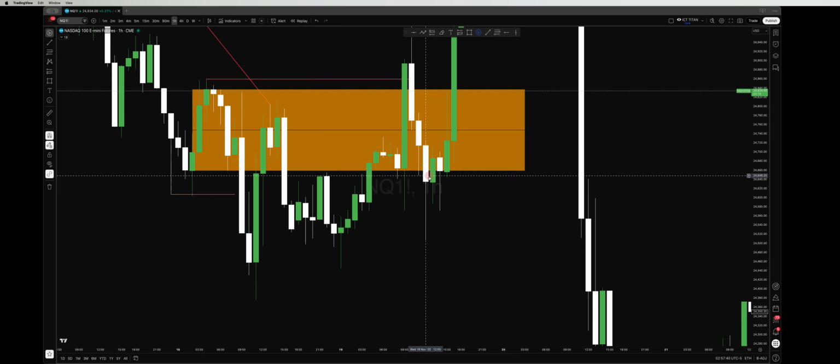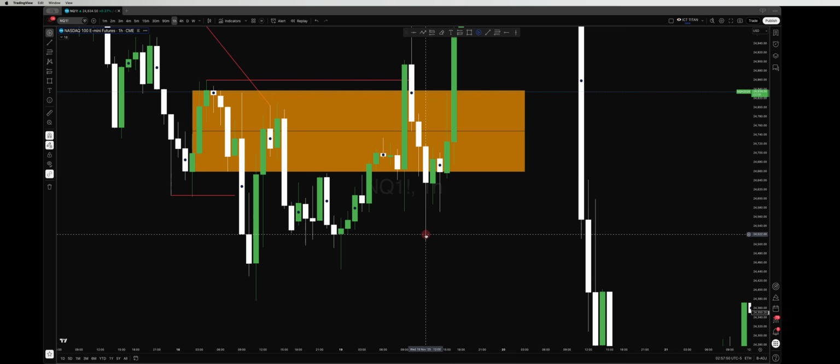When this happened, when this breaker's lowest low got broken here, this wick, what did this wick do? You see this wick? What does this do?